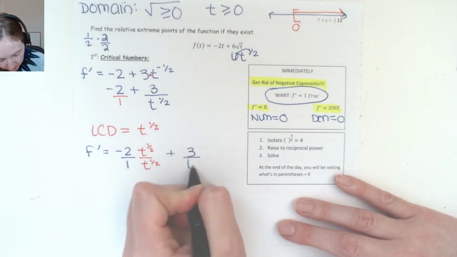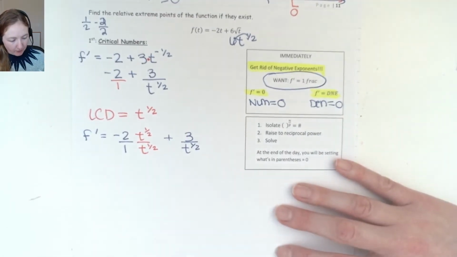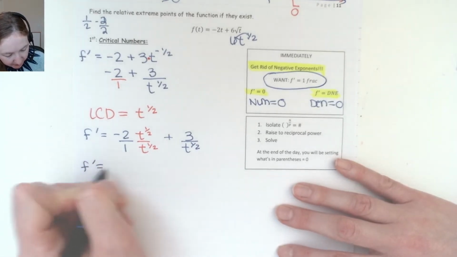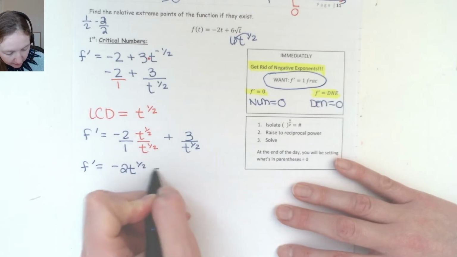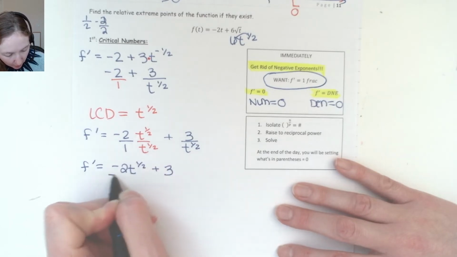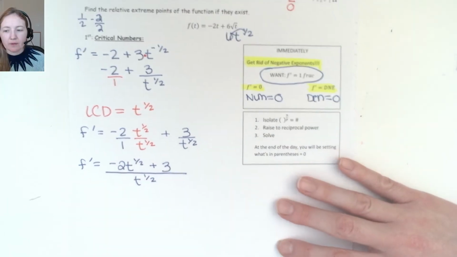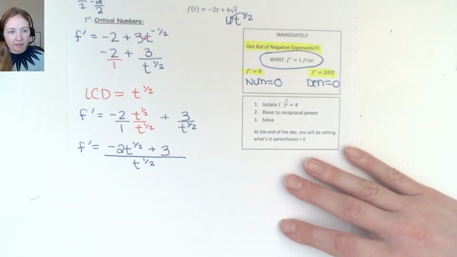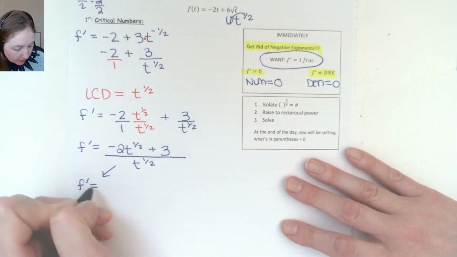And then the second term has that LCD, so it is good to go. Once we have the LCD, we will write this as -2 t to the 1/2 plus 3 all over t to the 1/2.